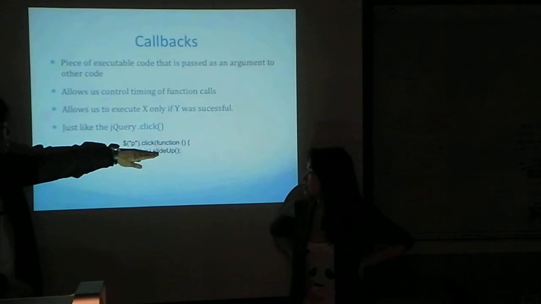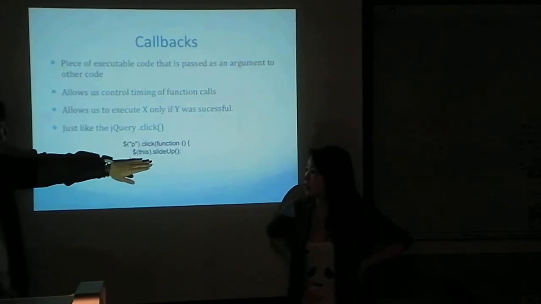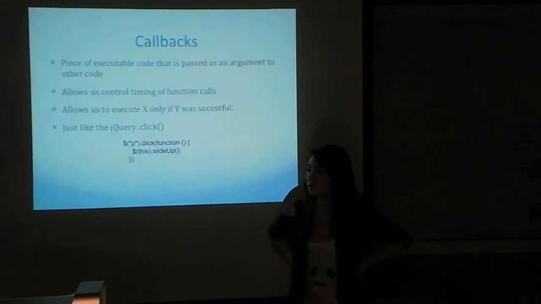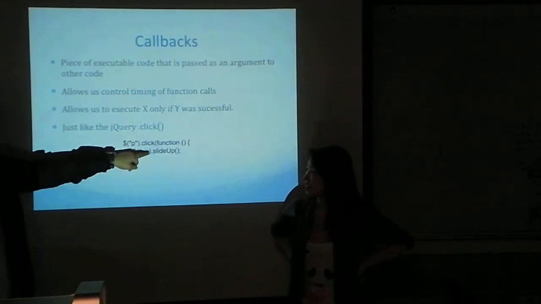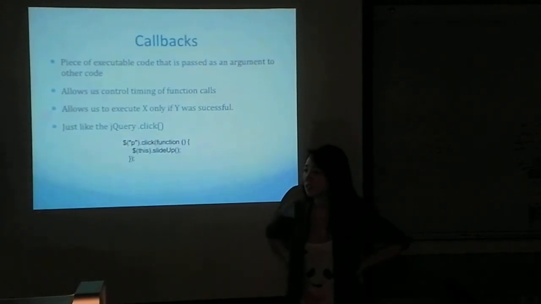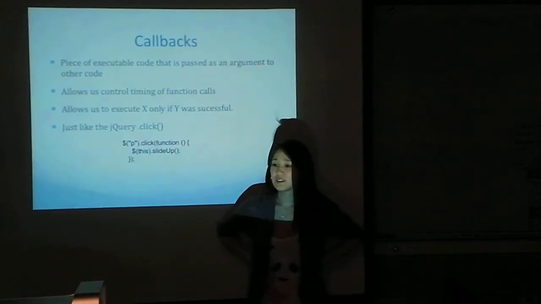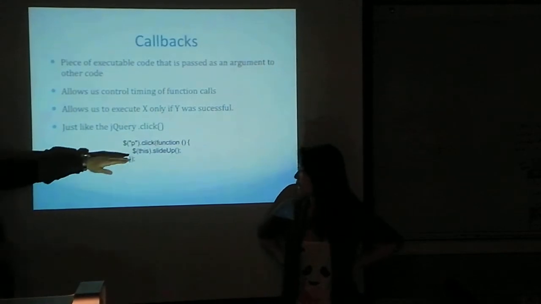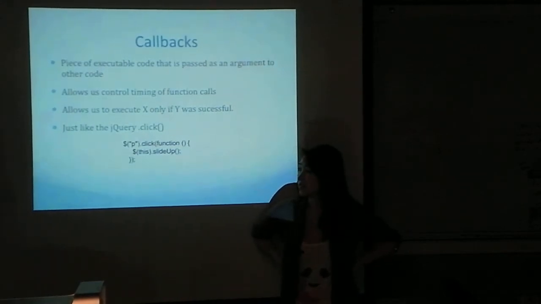It would run this line of code and start sliding up, and meanwhile, if you had an extra line after this that said change the CSS color to red, then that would happen immediately after this line gets executed. So you would see the slide up, and right after that, while it's still sliding, you would see the color change. Depending on what you want to do, you probably want some items to slide up first and then get the color change. So callbacks allow you to control the timing by saying I want something to happen first, and then this, instead of everything happening at the same time.